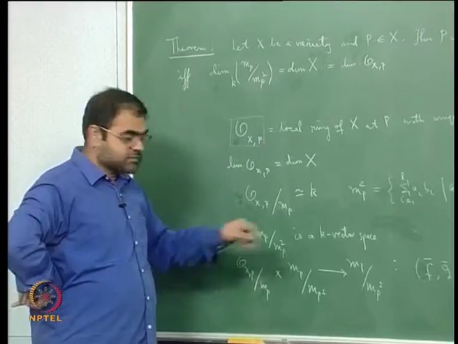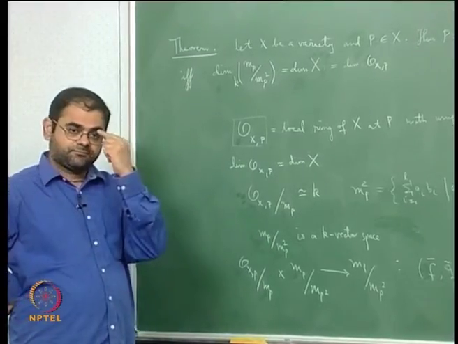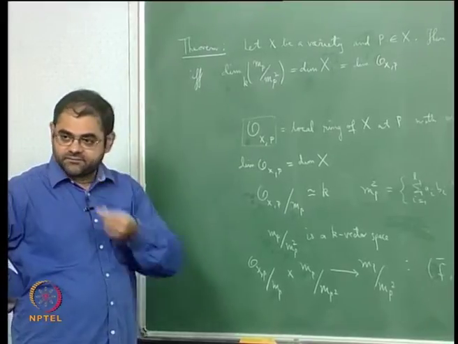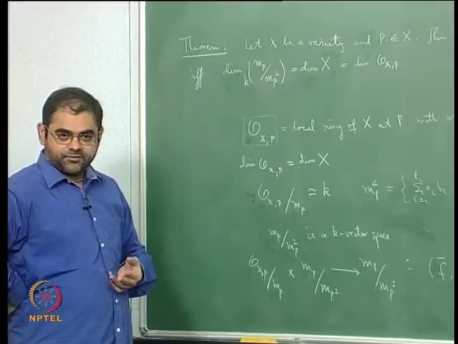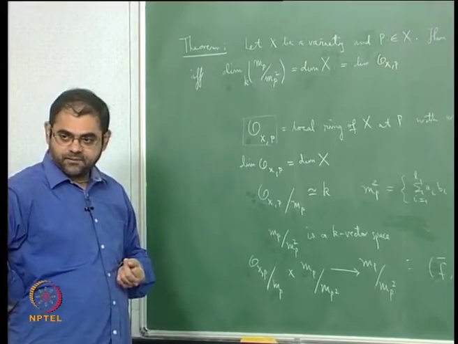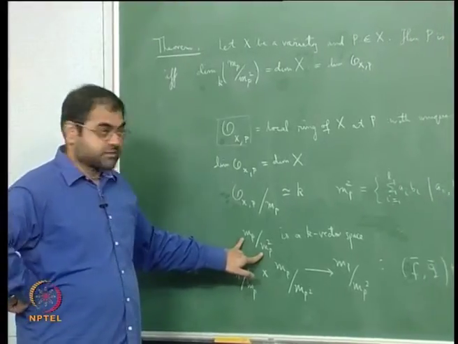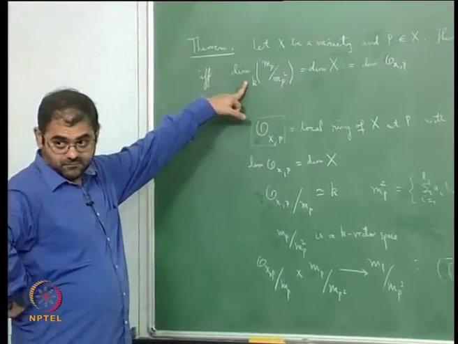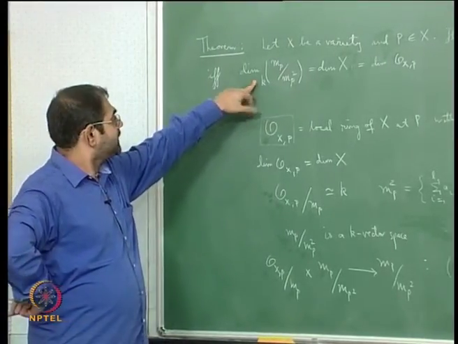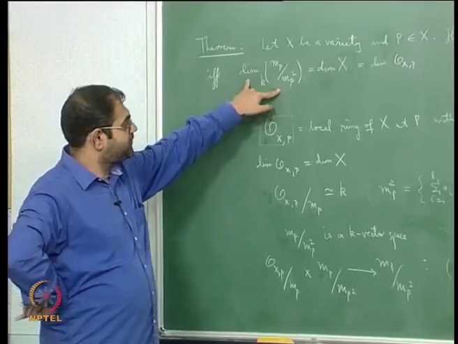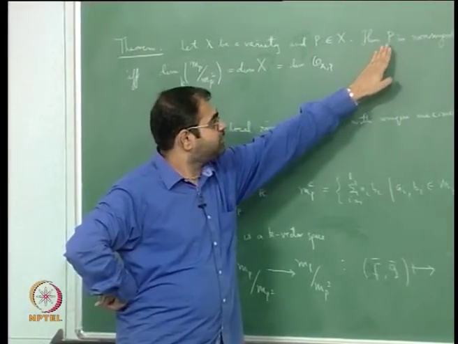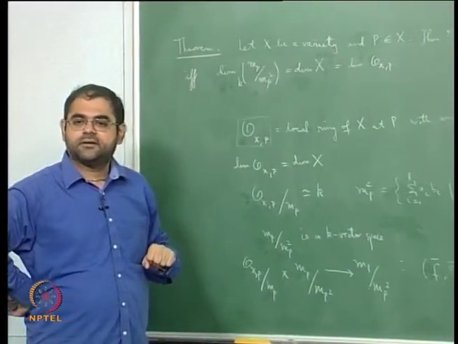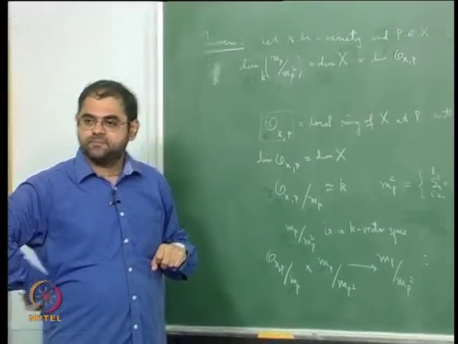So it is a vector space which has a finite spanning set, so it is a finite dimensional vector space. You calculate its dimension, and if this dimension is equal to the dimension of X, then and only then is the point P a non-singular point.